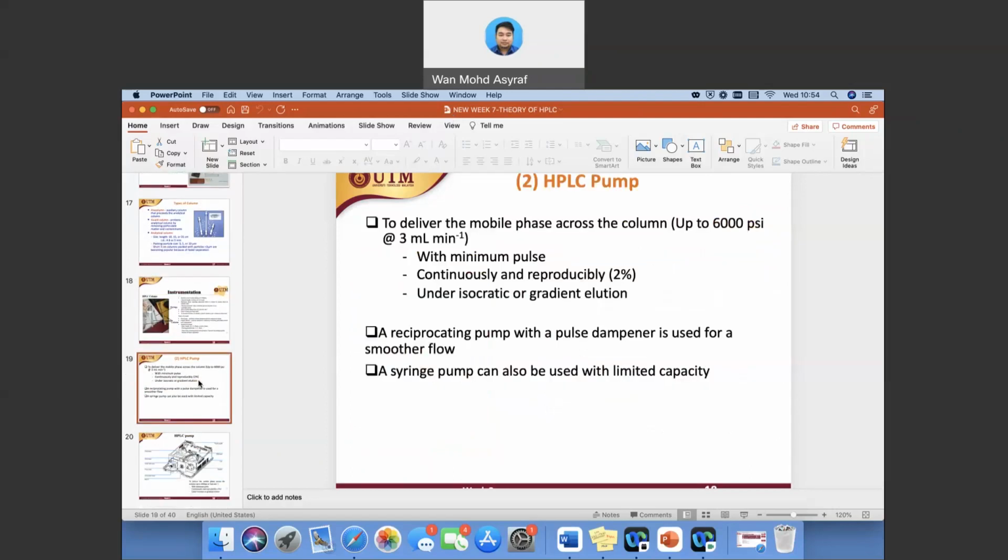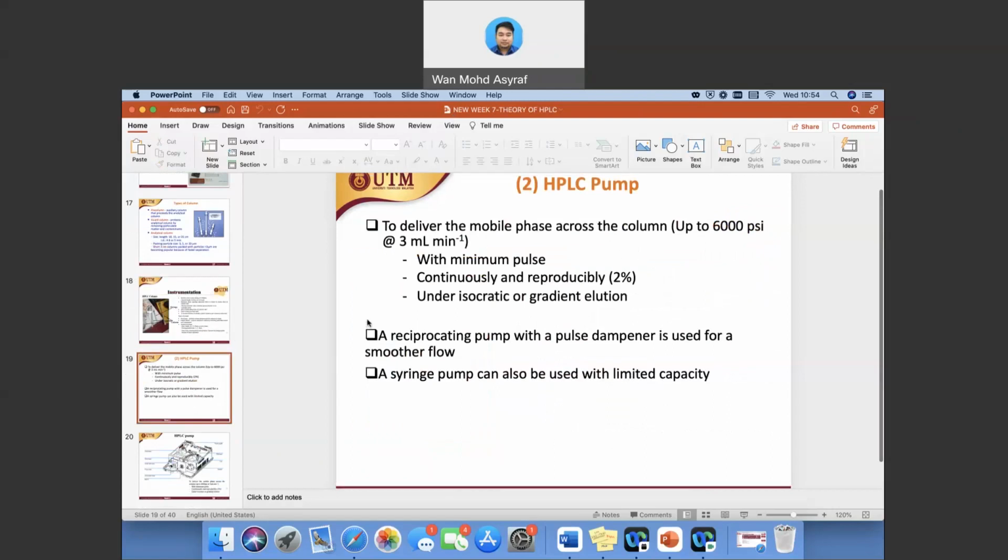So now we are looking at the HPLC pump. It is important for the pump to deliver the mobile phase across the column. The HPLC pump needs to withstand a pressure of about 6,000 psi, at about 3 milliliters per minute, with minimum pulse.